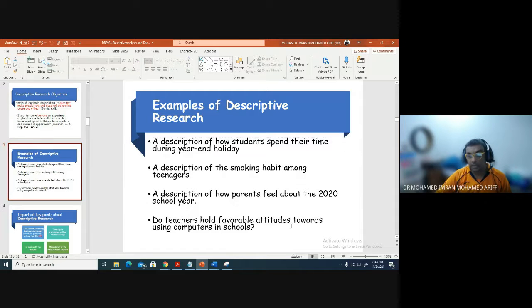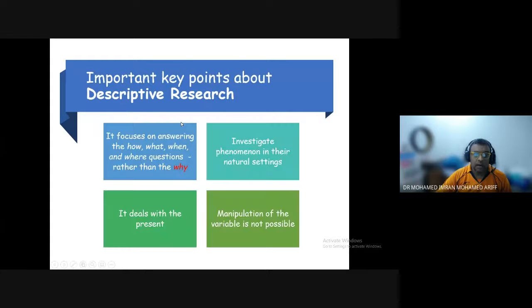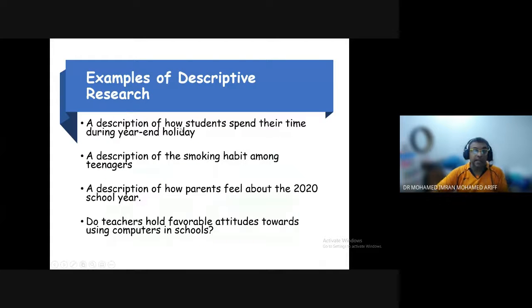Okay, so these are examples of descriptive research: how students spend their time, smoking habits, how parents feel, whether teachers hold favorable attitudes towards using computers. That's all, just to describe.